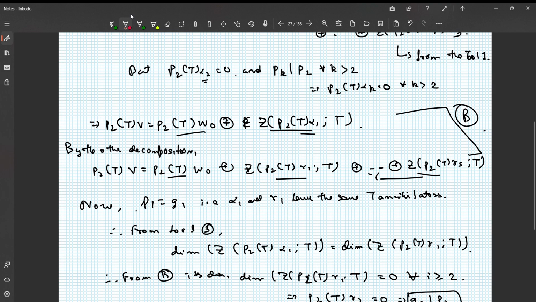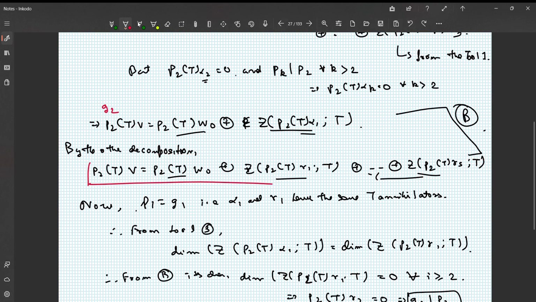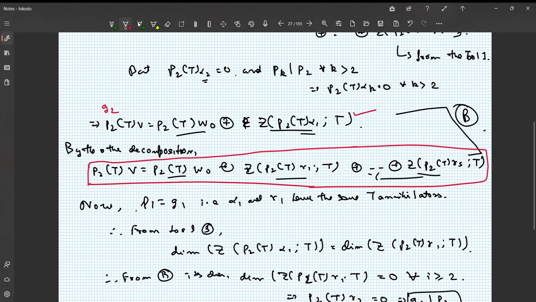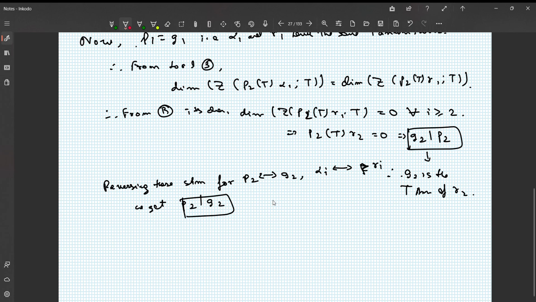P2 divides G2. What I'm trying to say is that if I do not use P2 here, and instead use G2 in this case, then this statement holds for the vectors alpha 1 to alpha r, and this statement holds only for the vector gamma 1.